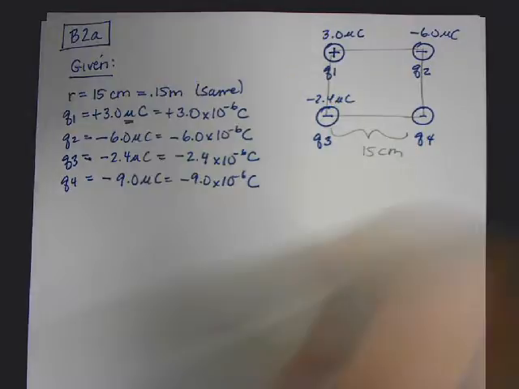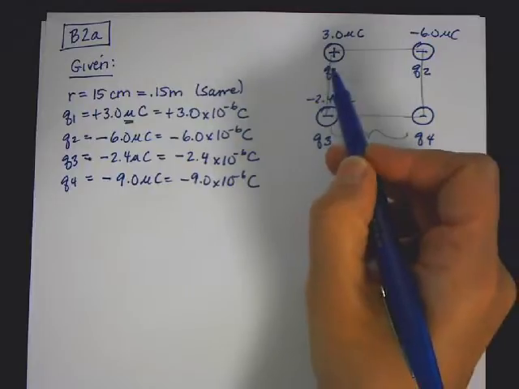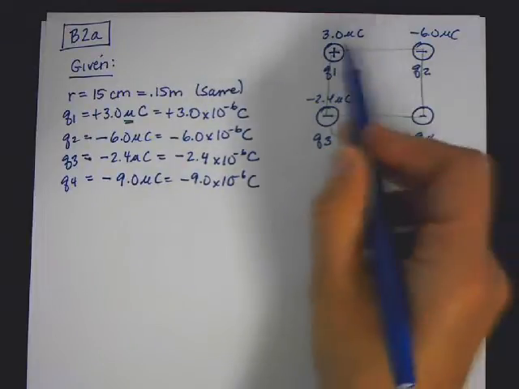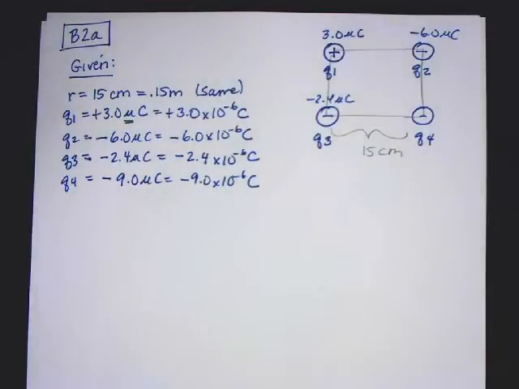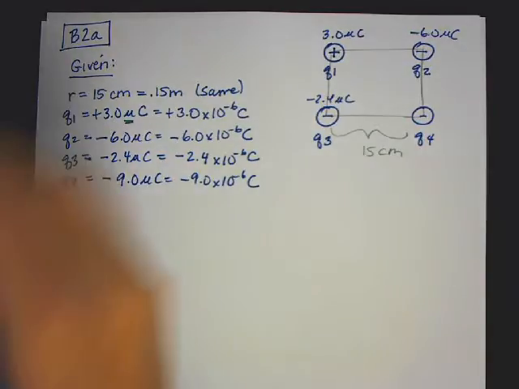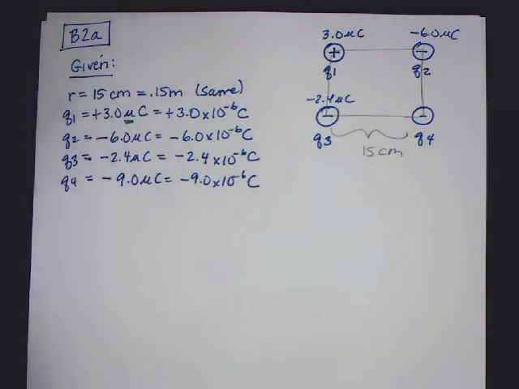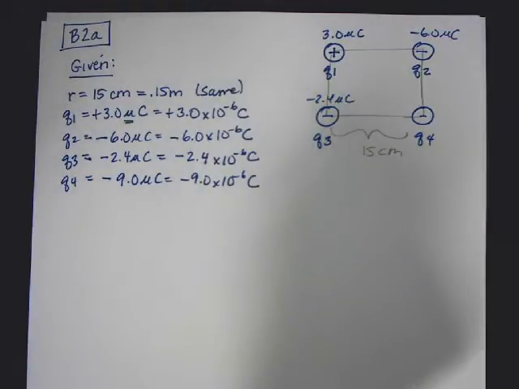Now the distance between all of these, if this is Q1, Q2, I can figure out the distances. Now, what is the question? It says, what is the net electric force on the 3 coulomb charge?